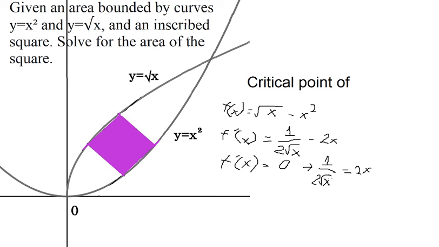So we put the square root of x and the number 2 on the right. We get 1 over 4 x multiplied by the square root of x. This gives x to the power of 3 over 2.